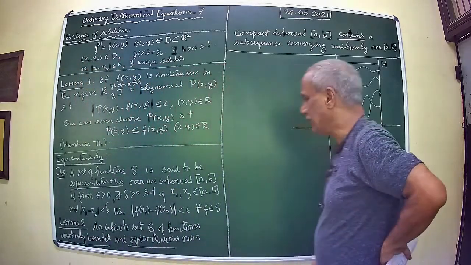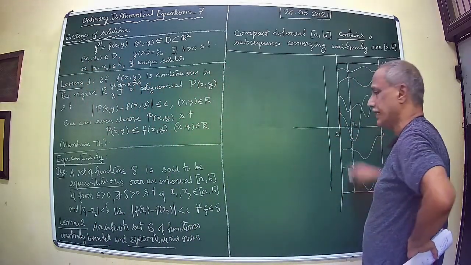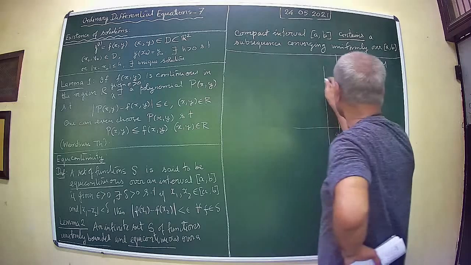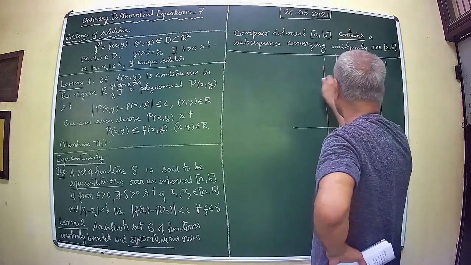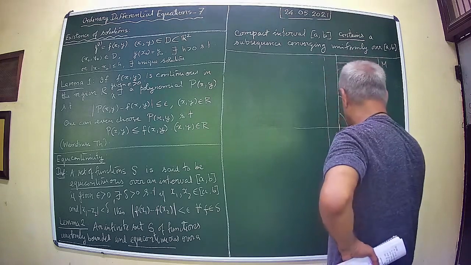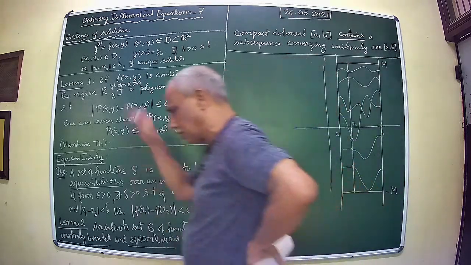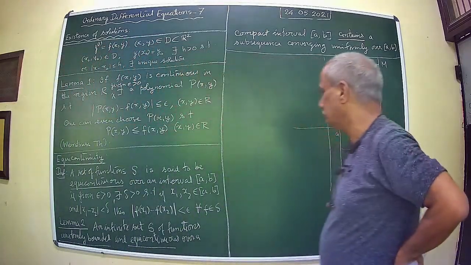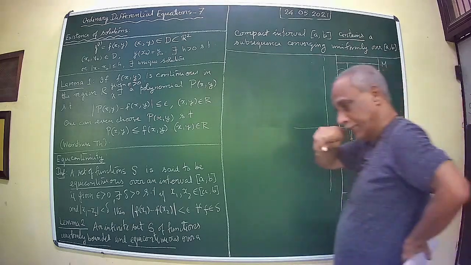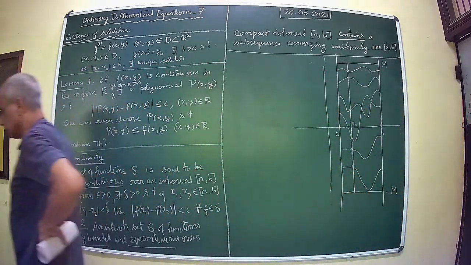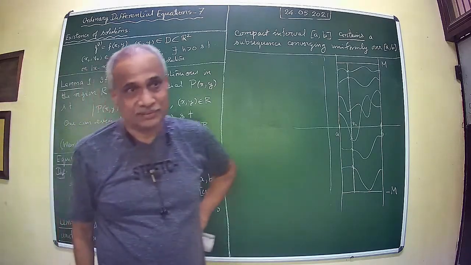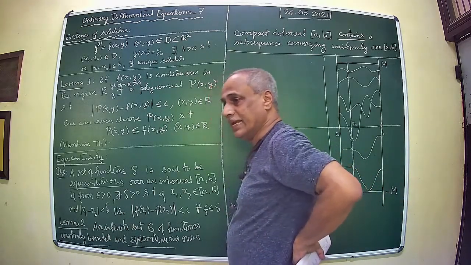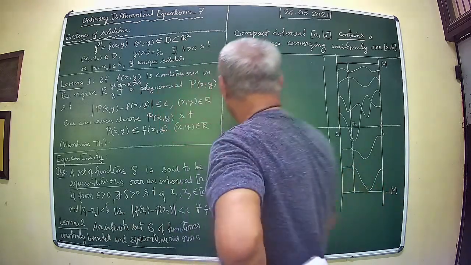In fact, it's an infinite set of points in a compact interval, because all these values are bounded by minus M and plus M. So what is the consequence of that? Immediately you can conclude that it has a limit point, or you can go to the extent of saying that there exists a convergent subsequence of these points.